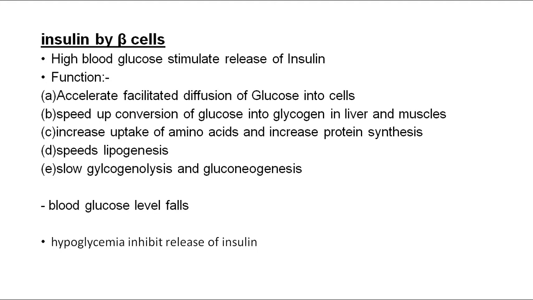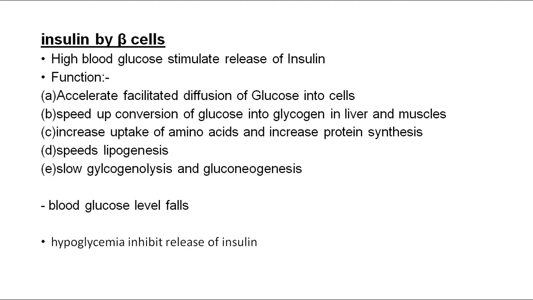The function of insulin is largely that of an anabolic hormone, so it facilitates diffusion of glucose into the cells. It speeds up the conversion of glucose into glycogen for storage in liver and muscle. It increases uptake of amino acids and increases protein synthesis. It speeds lipogenesis.